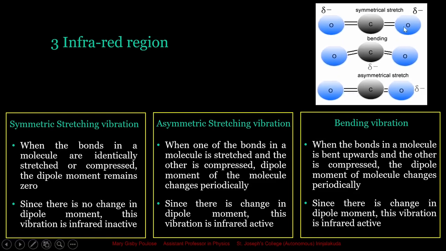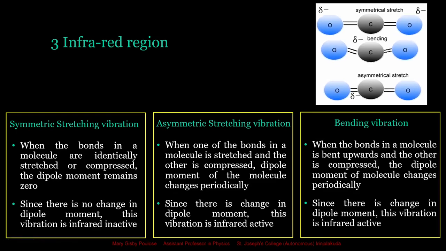Even though it is stretching, since the stretch is symmetrical, the negative center will coincide with the positive center. In bending vibration, since the negative and the positive centers do not coincide, it will show a change in the dipole moment, and hence it can be seen as a radiation from the molecule.